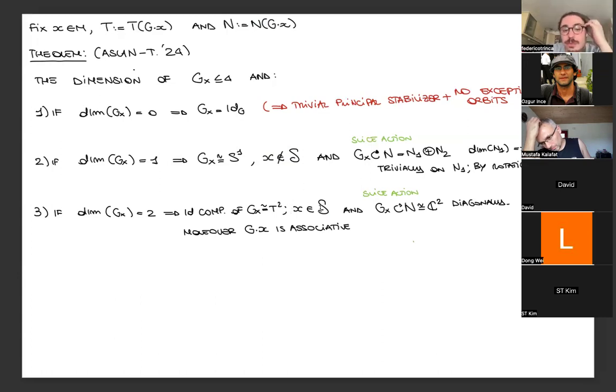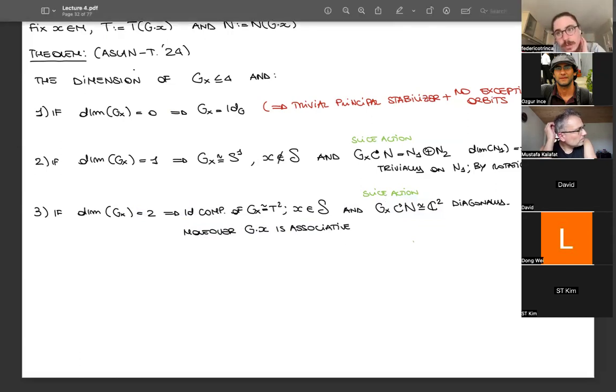And in this case, we are at a point of the singular set of the T2 action, and the stabilizer of G acts on N diagonally, which just means that T2 is a diagonal subgroup of SU2. And moreover, you can prove that the orbit is an associative submanifold. So the tangent space is associative.